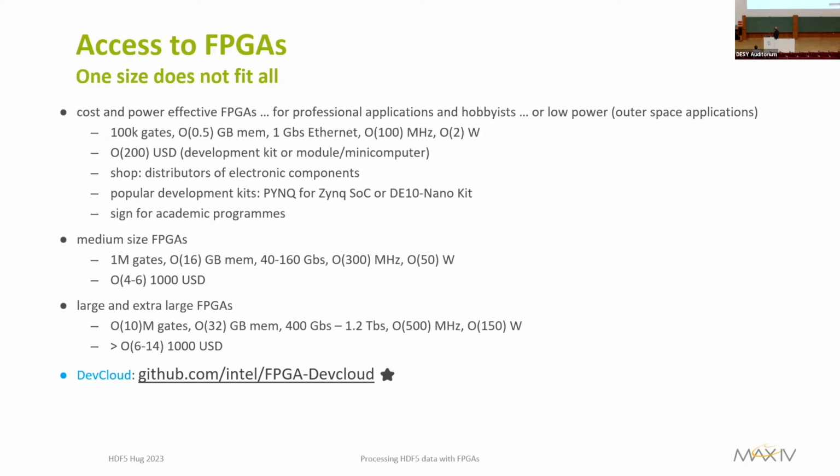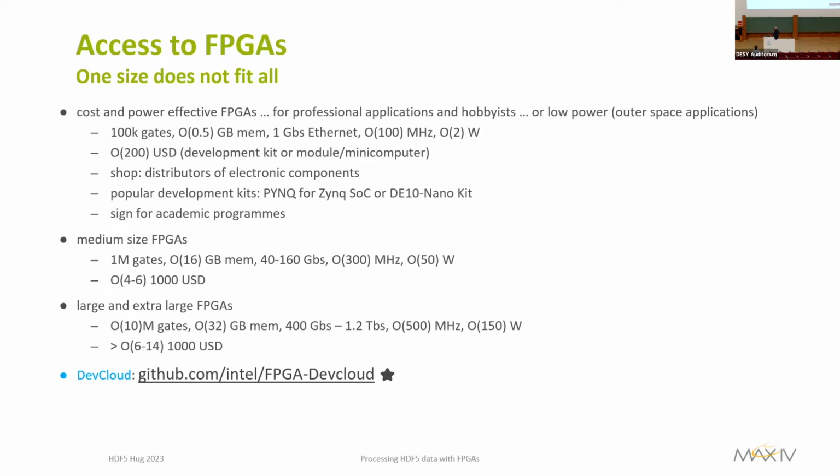On the other side, there are also small FPGAs that are very power efficient, and you can even afford them as a hobbyist. You can buy them in shops with electrical components, and small kits like PYNQ for Zynq you will get for $100.